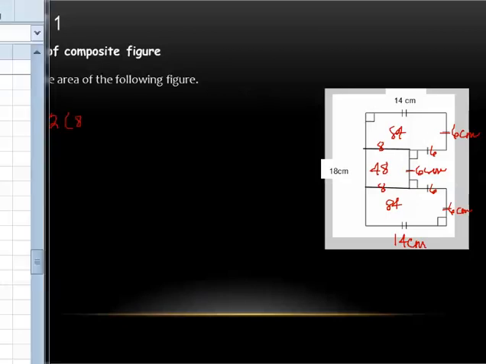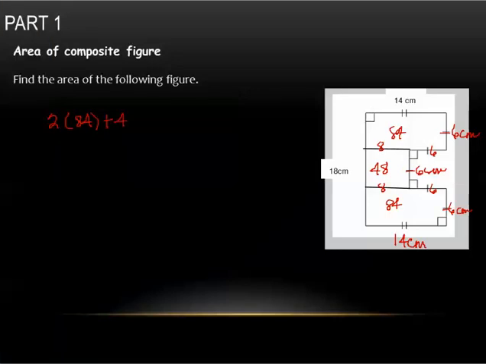So I'm going to have 2 times 84 plus 48. So that gives me 216 centimeters for my area. So you just have to go through and figure out what is the easiest way to break that up into smaller portions that are going to be easy to calculate the area for.